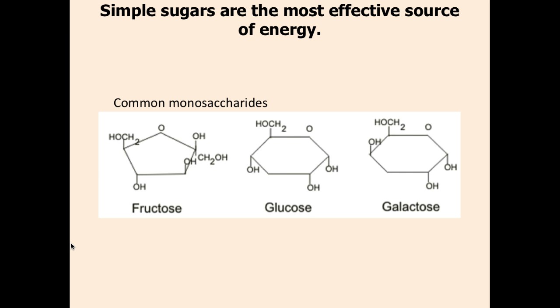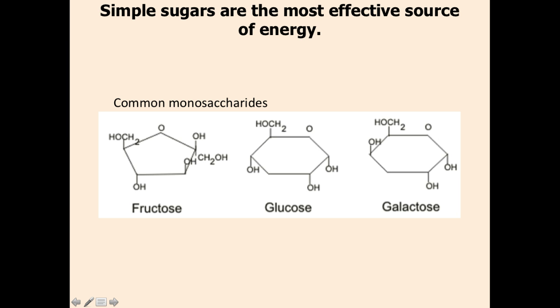So simple sugars are some of the most effective energy sources because you immediately get a lot of the energy stored in them. You don't have to take time to break apart the bonds between these polymers, between these monosaccharides. Mono means one, and saccharide refers to a sugar, so these are one sugar substances.